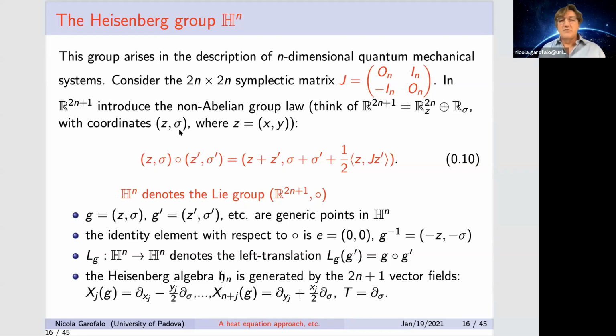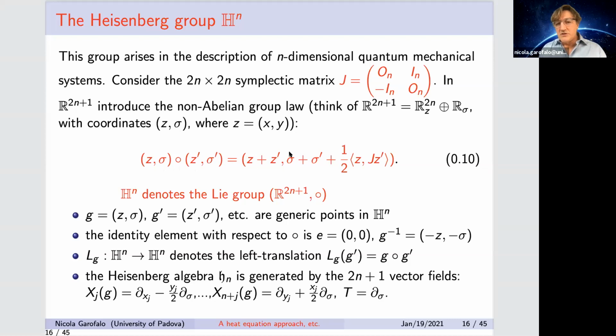Usually the Heisenberg group is denoted with variables z and t, but I want to reserve t for time, because I'm going to be using the heat equation a lot, and so I'm using this variable sigma. I apologize to the Heisenberg group aficionados. I hope that this doesn't throw anybody off.